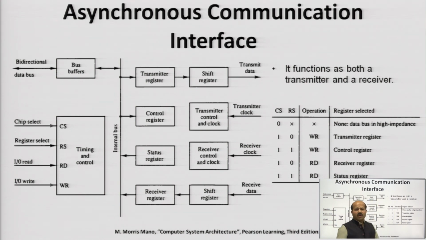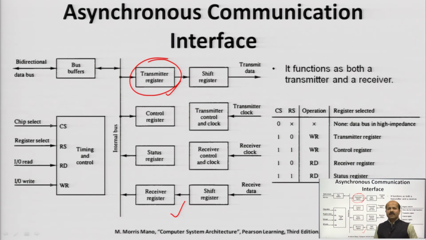We have also talked about the role of the interface and the circuitry used in case of peripheral devices. When the CPU wants to transmit something, this particular register will be used, and when some data is received by the processor from peripheral devices, then the receive register will be used.